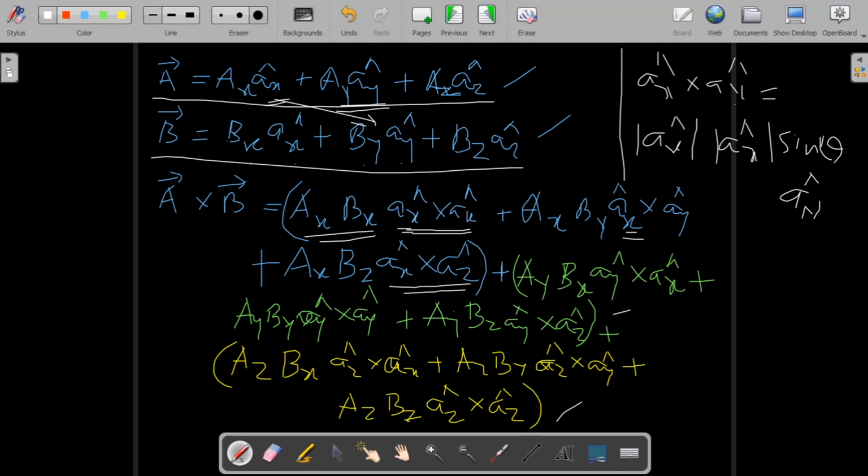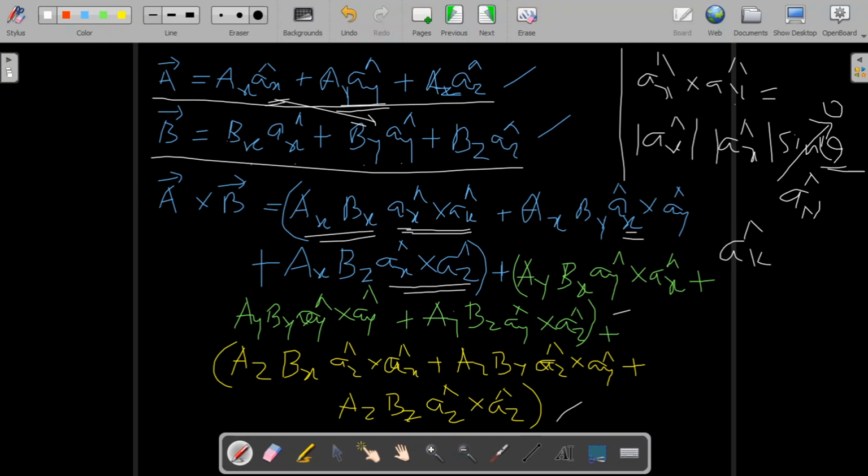But here, what is the angle between the x vector and the x vector? They are not separated. They are on the same axis, so the angle between them is 0. So what is sine 0? It is 0.